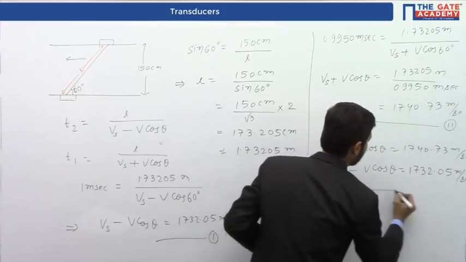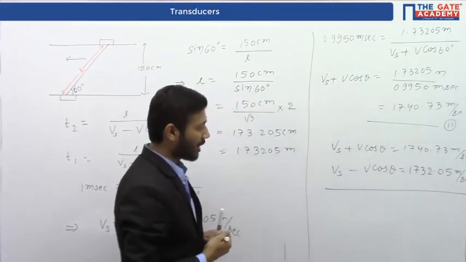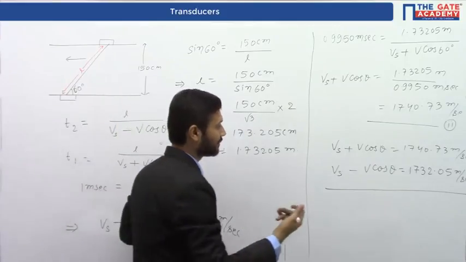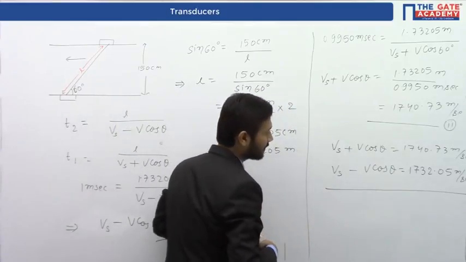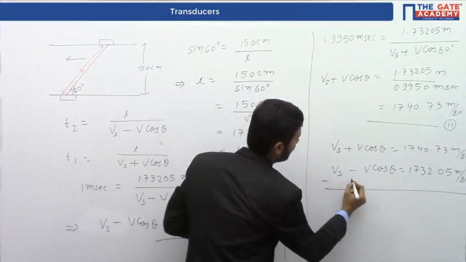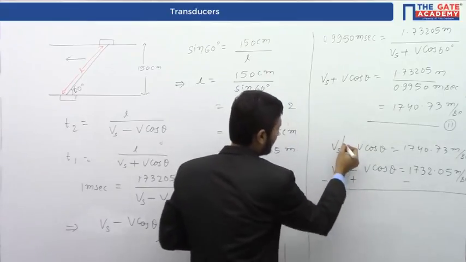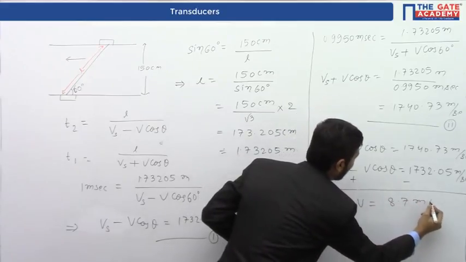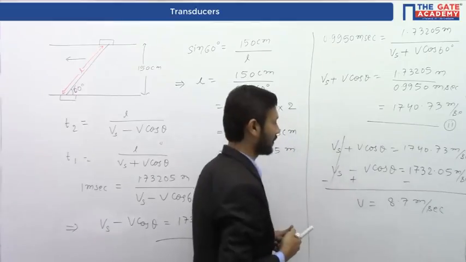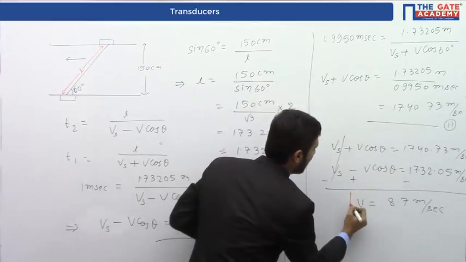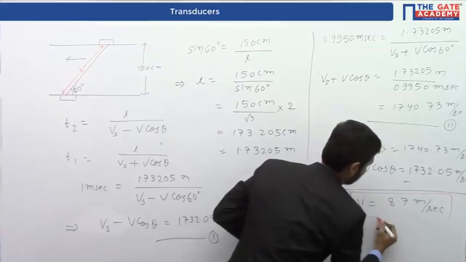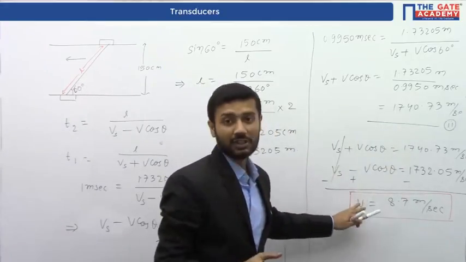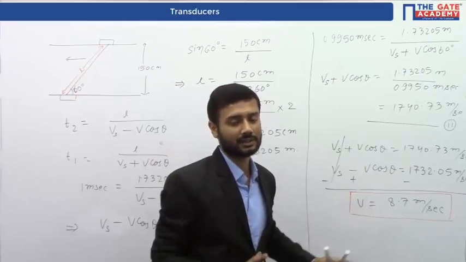These are the two equations we have got, and after solving we'll get the value of V as 8.7 meter per second. This is our required answer. This is the velocity of the fluid flowing through the duct.